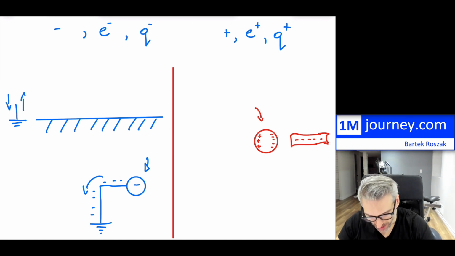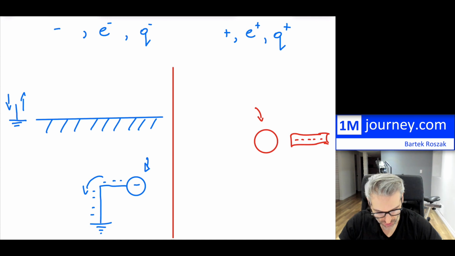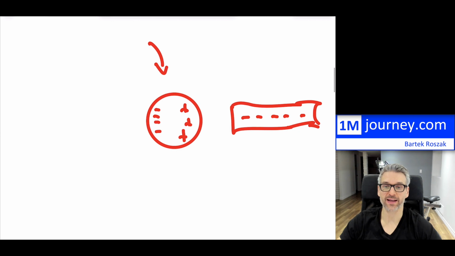But what actually happens within here is the opposite. The electrons will want to get away as far as possible because like charges repel, and therefore it will technically leave the other side positive. Notice there wasn't really any charge here to begin with.